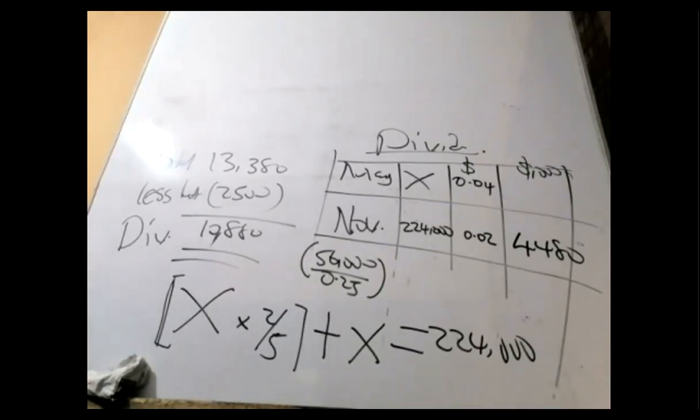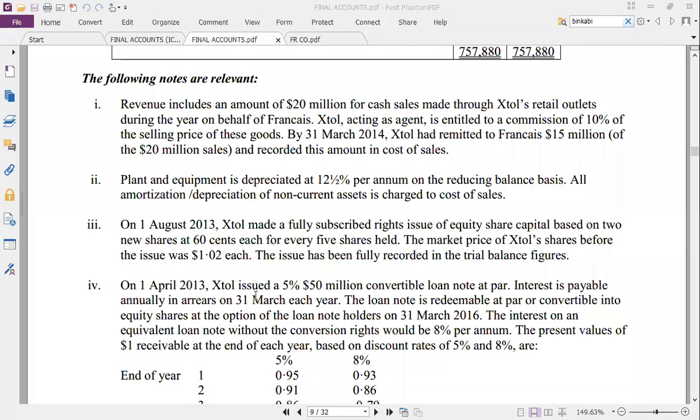We had a part from the question. Let's see something in the question. As you are solving, they said the right issue of every share capital is based on 2 new shares at 60 cents each for every 5 shares held. So you must hold 5 shares before you qualify for the new shares.